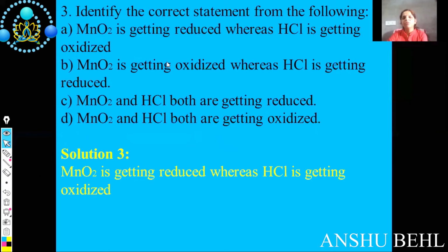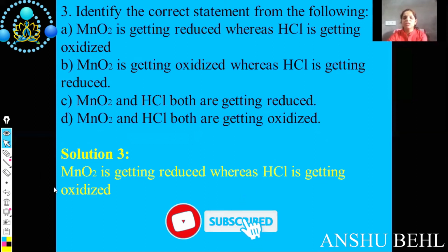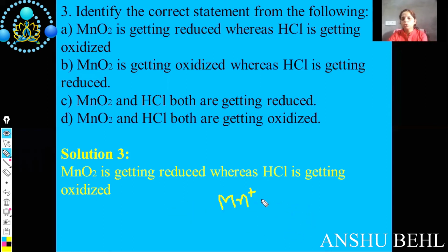Third question, identify the correct statement from the following. MnO2 is getting reduced, whereas HCl is getting oxidized. As we have seen previously, when we wrote the equation, MnO2 is changing its oxidation state from +4 to +2 by gain of 2 electrons.